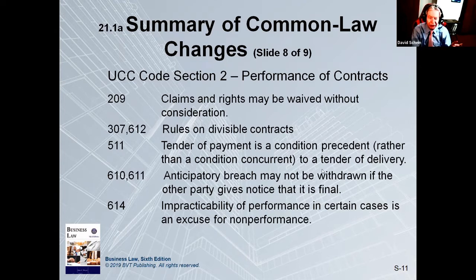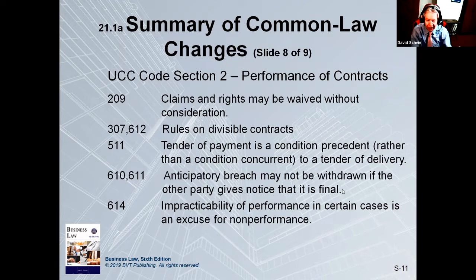Now, keep in mind, tender of payment is a condition precedent rather than a condition concurrent to tender of delivery, meaning that you have to say, I've got the money, to a merchant before you can insist on saying you have not performed. And anticipatory breach is fascinating. It says it may not be withdrawn if the other party gives notice that it's final.